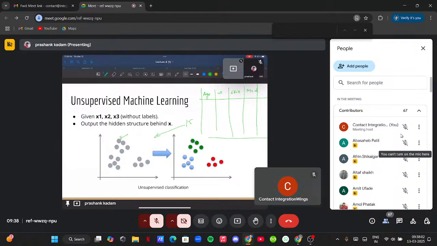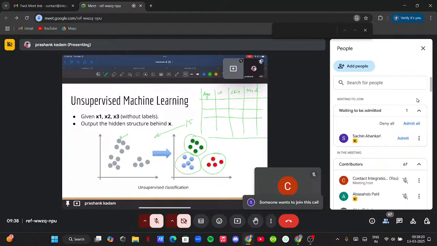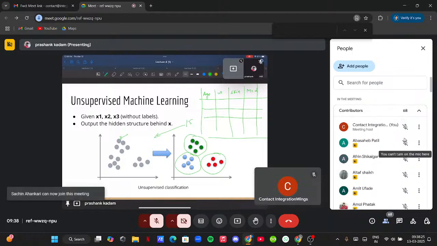So now, using this information, I want to cluster the people together such that I could form three distinct clusters. After I run my unsupervised machine learning algorithm, I find that these people are clustering together, these people are clustering together, and these people are clustering together. So maybe all of them who are in the same cluster belong to one country.